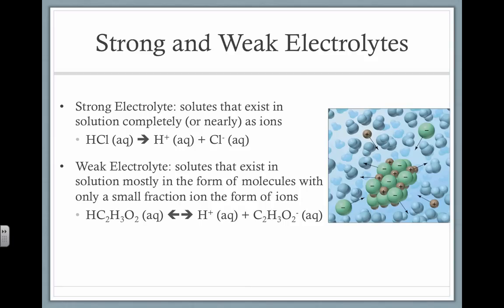This happens with a lot of the organic ones and some other ones as well, where you see a low degree of ionization. So these kinds of things can account for differences in the electrolytic properties of various solutions. Remember, a solute gets dissolved. The solvent, which is water, does the dissolving, and we'll talk more about this in class.